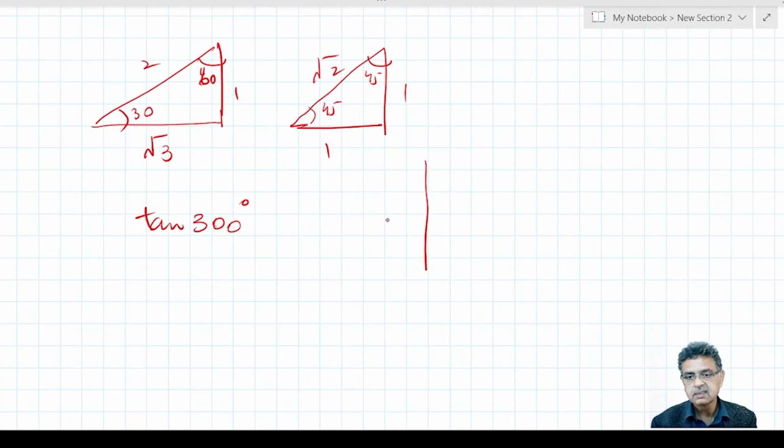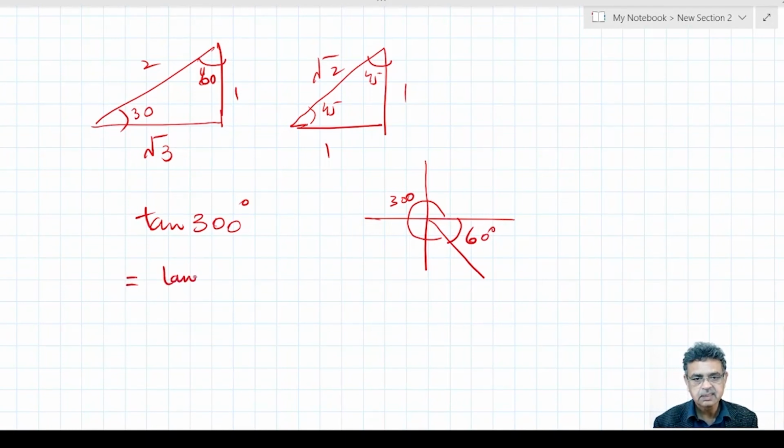So 300 is here. This positive angle is 300 and its reference angle will be 60 degrees. So you can write it as tangent 60 degrees in the fourth quadrant.